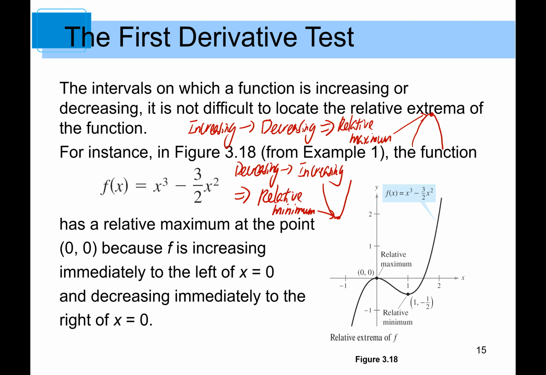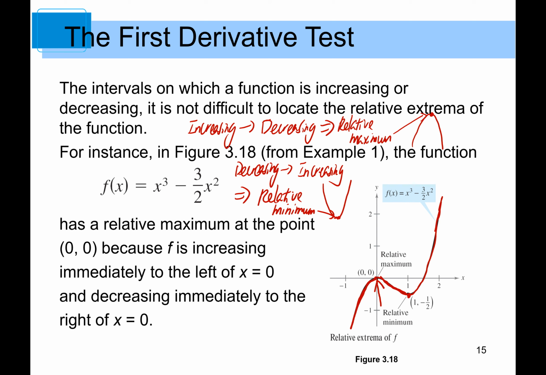For example, like this particular example, f of x equals x cubed minus 3 over 2 x squared. From negative infinity to 0, as you can see, it's increasing, right? From 0 to 1 is decreasing. At this point, (0, 0) is a relative minimum. And here is decreasing until increasing.